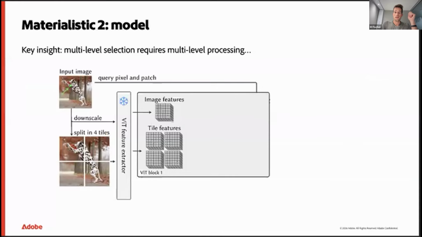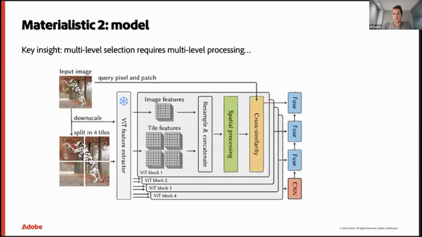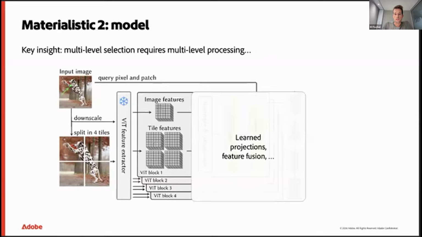You take the image, you get ViT features, but now you do it at different scales. And then with those scales, you can do some more tricks. I'm not going to go into detail here because we don't have the time. This is basically learned projections and feature fusion and so on. Very similar to Materialistic. We also use a paper from ICCV that year that's called S2-Wrapper, and that again enhances that multi-scale detail.